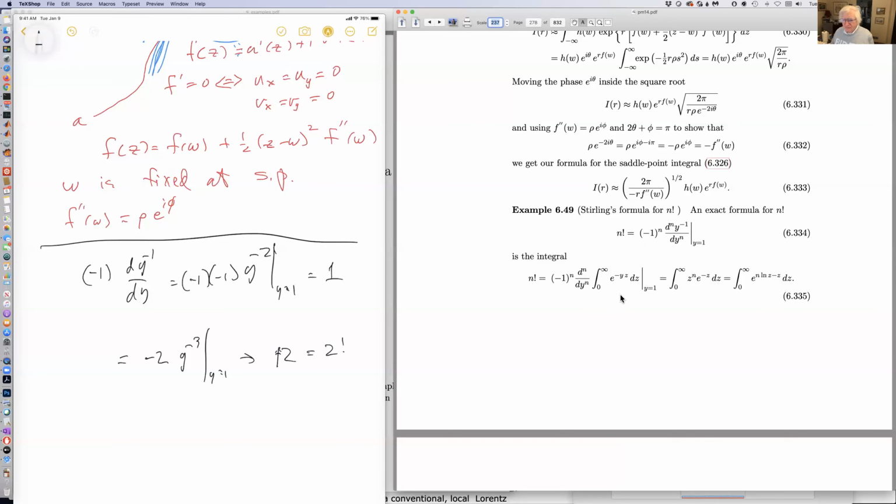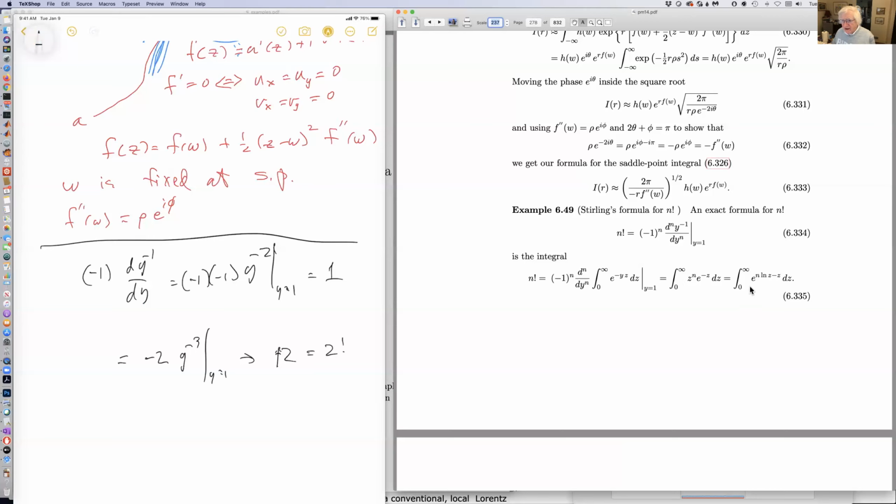But now we can differentiate inside, and that brings down z to the n. We've integrated here along the real axis from 0 to infinity. So this is the integral from 0 to infinity of z to the n e to the minus z dz.